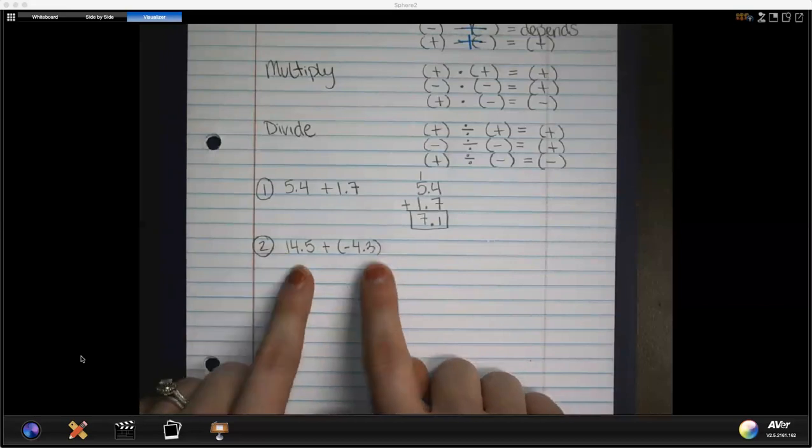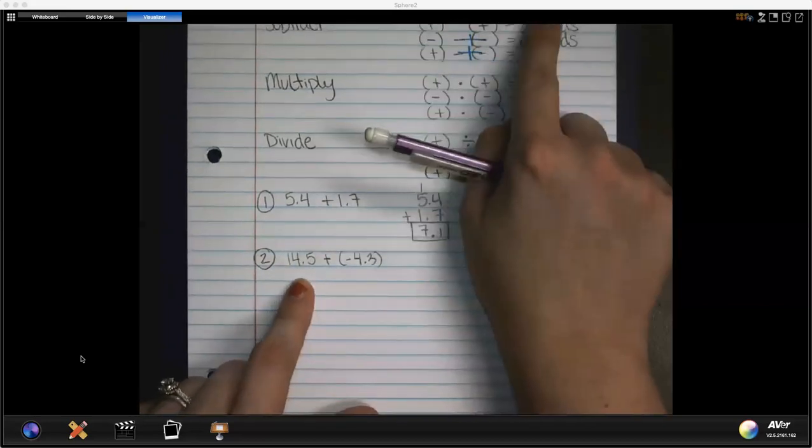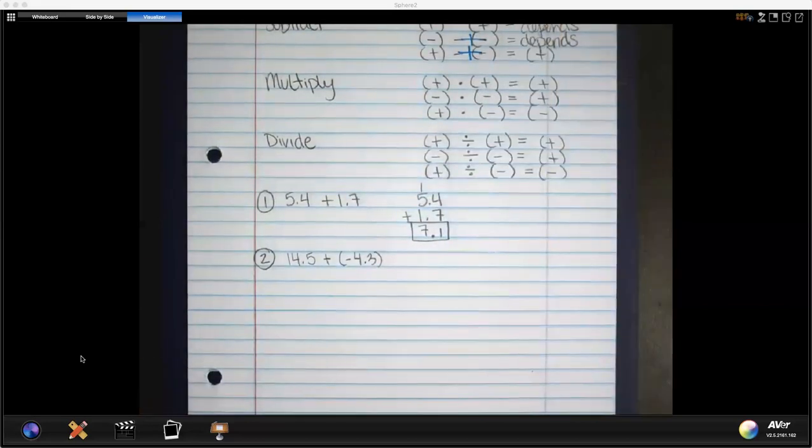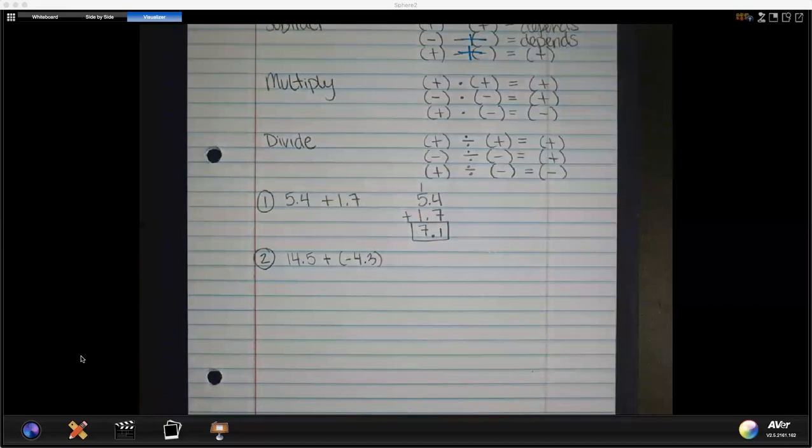What happens when you're adding with two different signs? Well, it depends, right? We do know that we need to find, are we actually adding these two together when they have two different signs? No. So when you have two different signs, you have to find the difference. And then depending on the numbers, you'll know if it's positive or negative.